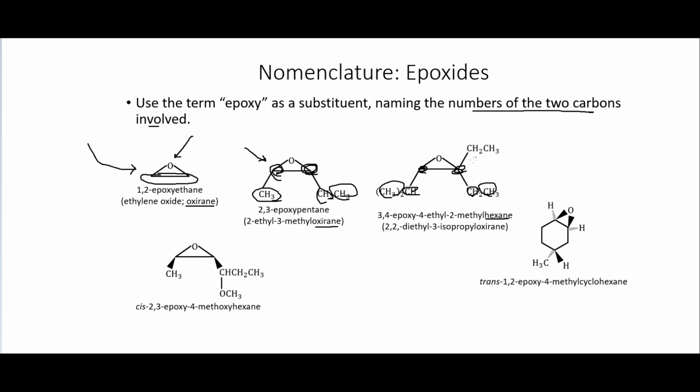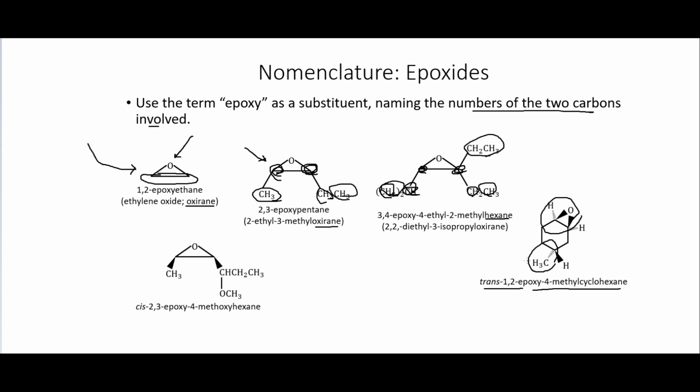Then the 4-ethyl, this ethyl group coming off that 4th carbon. 2-methyl, so this is our 2nd carbon. One of these methyl groups is coming off of it. So 3,4-epoxy, 4-ethyl, 2-methyl-hexane. Then down here we have trans 1,2-epoxy 4-methylcyclohexane. So the trans is talking about the epoxide group here with respect to this methyl group right there.